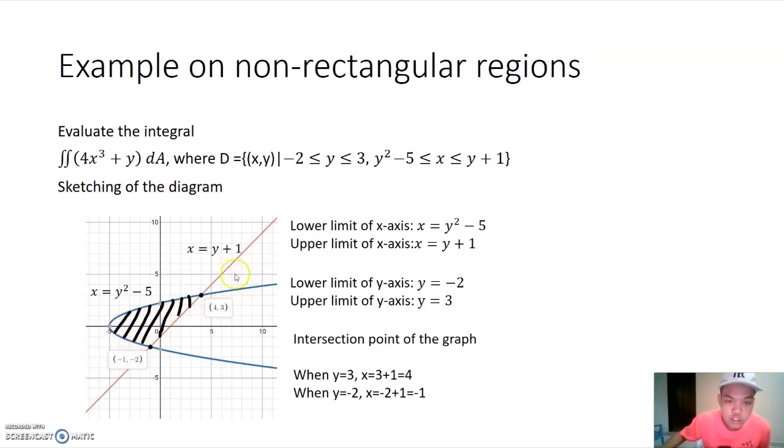When we know this region, we want to find the lower limit and upper limit of x, and the lower limit and upper limit of y. Besides, we also want to know the intersection points of the graphs. So we can substitute the x value into y plus 1 and find the y value of the intersection.